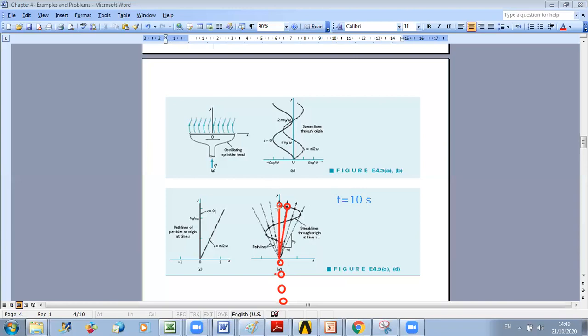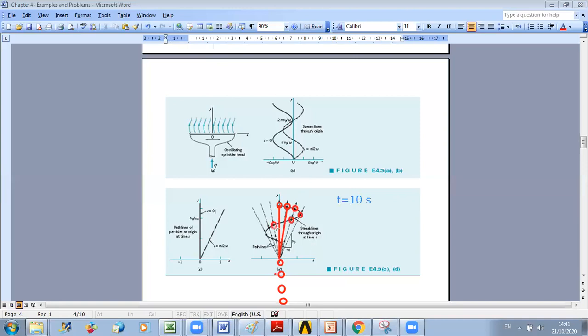You replace t by 10 in the first equation and you get that it is at this position. You find an equation for the path line of the second particle, replace t by 10, and find that it is in another position. You do the same for all particles you are interested in. At the end, your particles will be at different positions, because they are injected at the origin at different times.